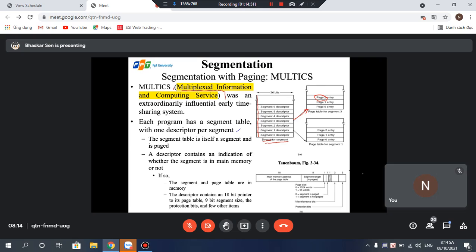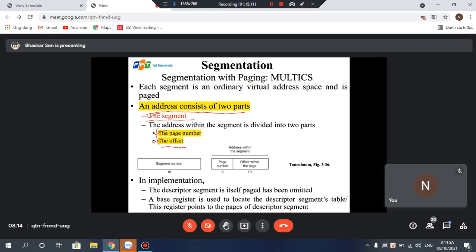And the segment table is itself a segment and is paged. The descriptor contains an indication of whether the segment is in the main memory or not. If so, the segment and the page tables are in memory, then it will go ahead, and how will they continue to calculate? Now that is again another calculation.